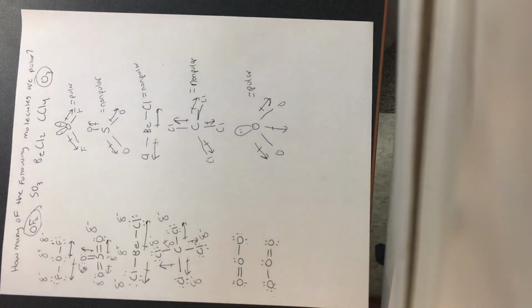But aside from that, if you get the molecular geometry wrong in your head and you can't envision it, then you're not going to be able to envision how the dipoles are reacting with each other and whether the molecule is polar or non-polar or not. There we go.